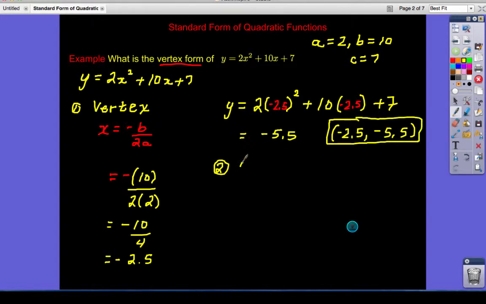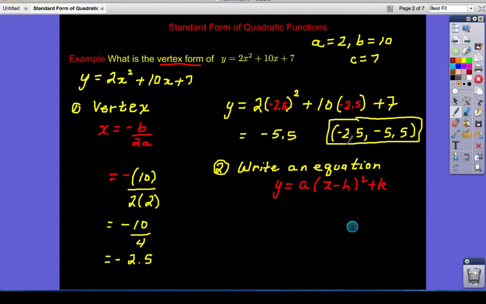Step 2, we're going to write the equation. The equation is in vertex form, that's what they asked us. What's really nice is, if I write y equals a times the quantity x minus h squared plus k, I've got all three of these values.